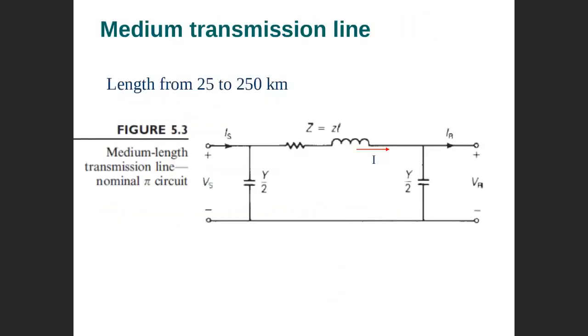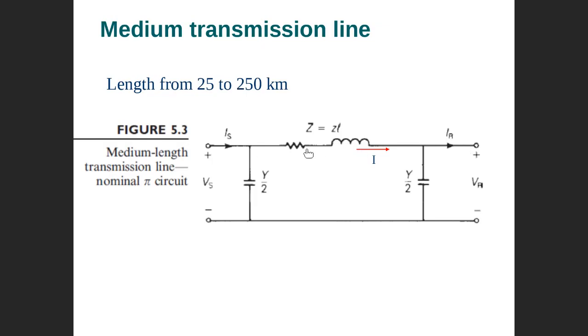For a medium transmission line, this is between 25 to 250 kilometers, as indicated in your textbook. We can represent it as a pi circuit. Pi circuit means that we have a branch here, which is y over 2, and this is y over 2. So at both ends, we divide y, y over 2 on each side, and the impedance of the transmission line is in series.